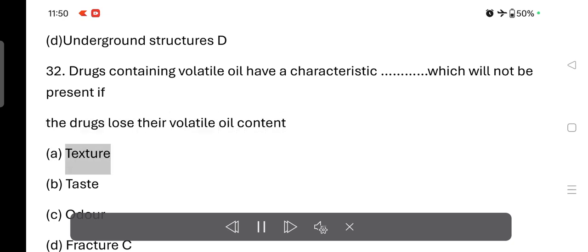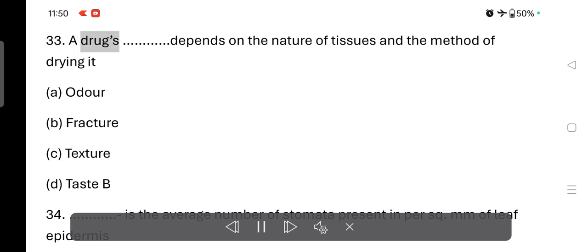A. Texture. B. Taste. C. Odor. D. Fracture. Answer: C. 33. A drug's depends on the nature of tissues and the method of drying it. A. Odor. B. Fracture. C. Texture. D. Taste.